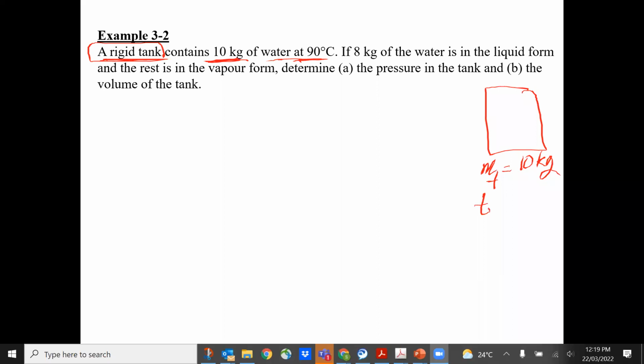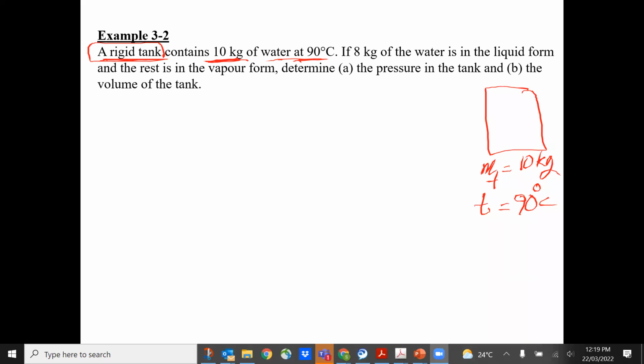If I knew the pressure, I could go to the tables and find out whether this is saturation or not. But now we have only the temperature, 90. I need to check whether this is saturation. If I have a two-phase region, then this is saturation, definitely. If not a two-phase region, then this is not saturation.